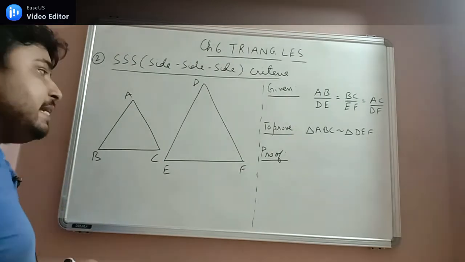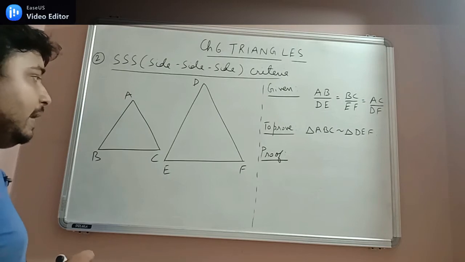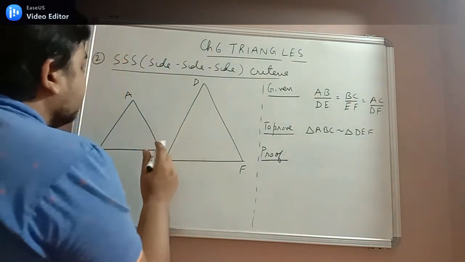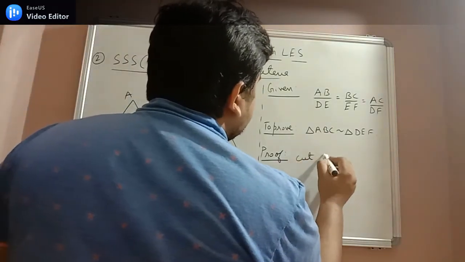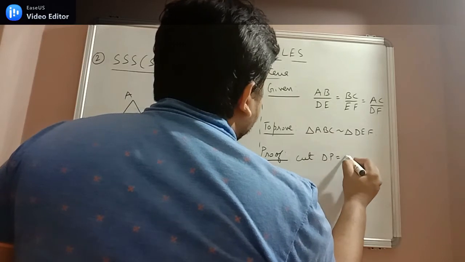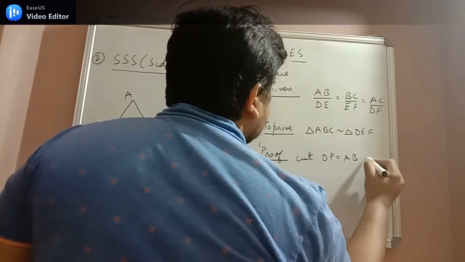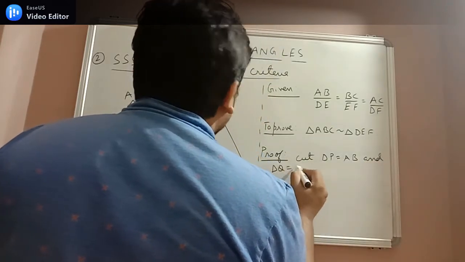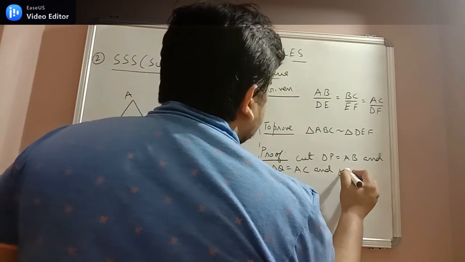Again we have to do the same construction here. I'll cut DP equal to AB and DQ equal to AC and join PQ.